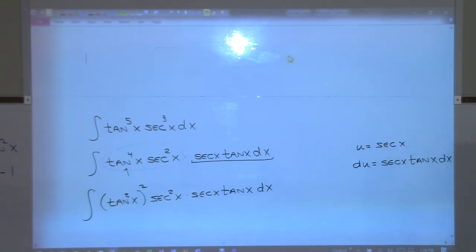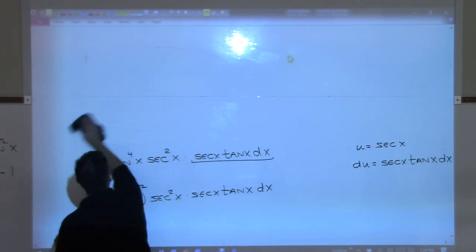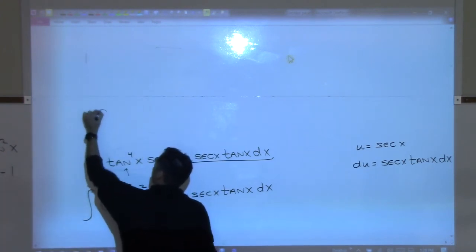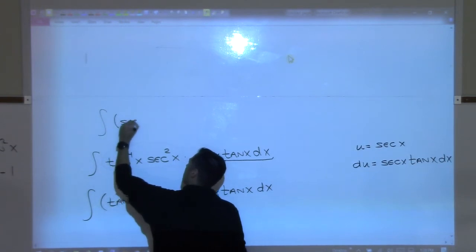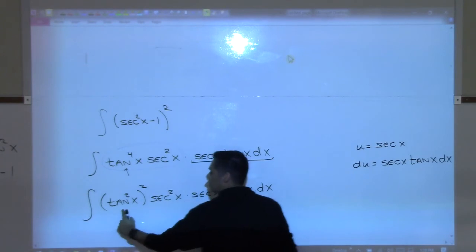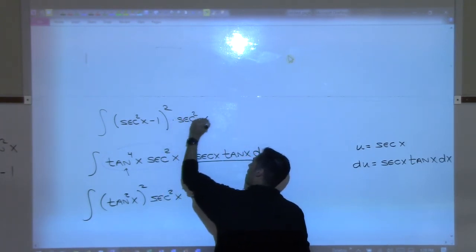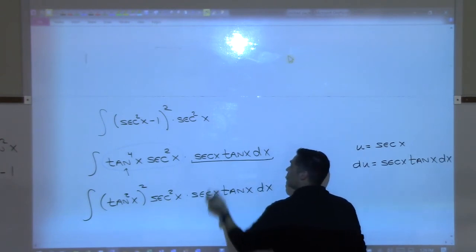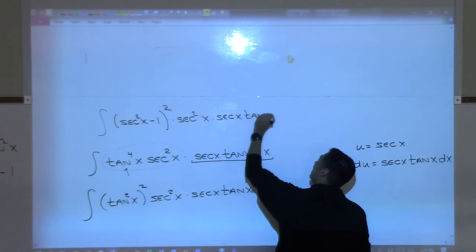And then you replace your tangent squared x with secant squared x minus 1. So in parentheses, secant squared x minus 1, squared, that's this, and then still times secant squared x, and then times secant x tangent x dx.